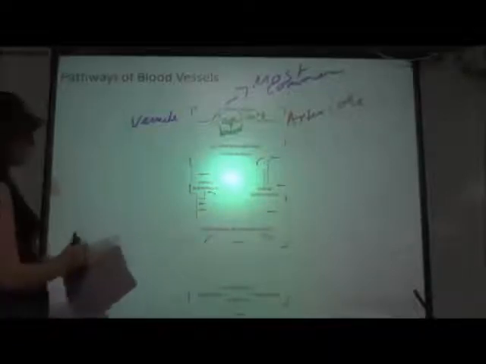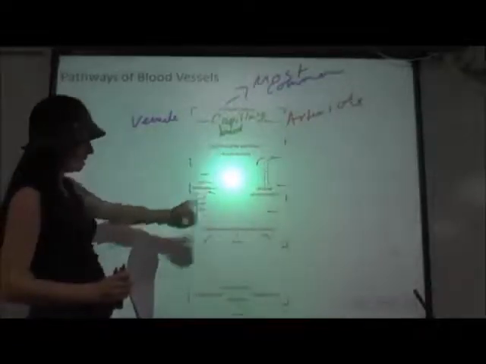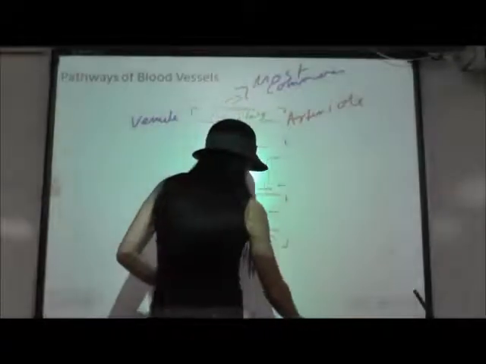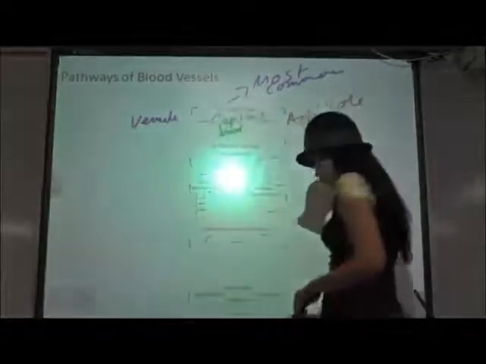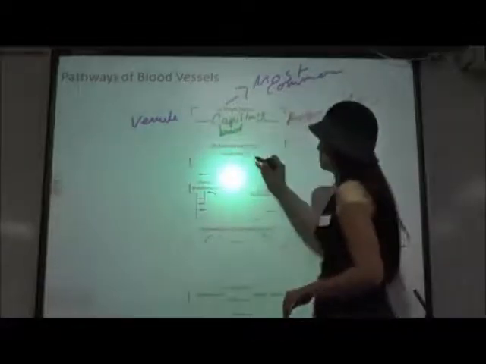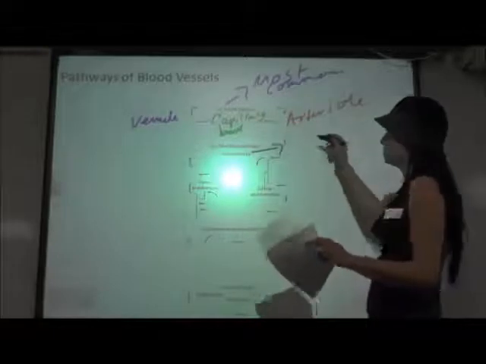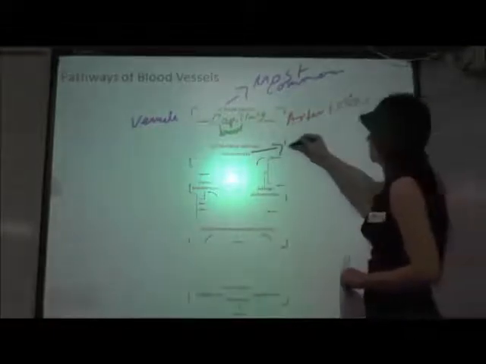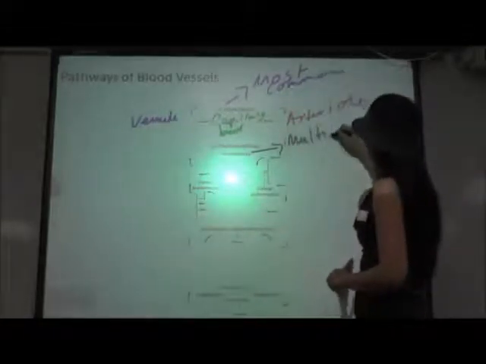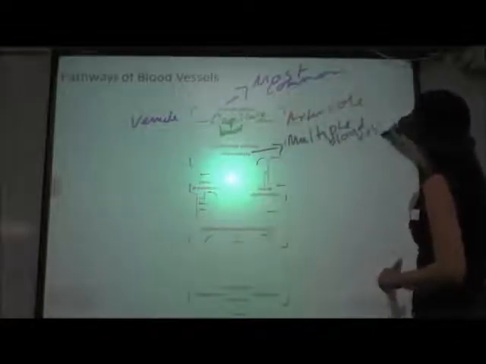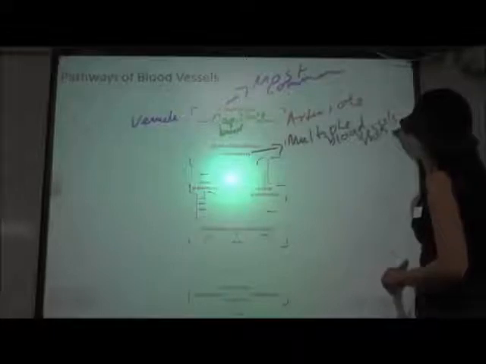So we've got what are called anastomoses and portal systems. There are different types of anastomoses, but an anastomosis is when multiple blood vessels come together and merge.